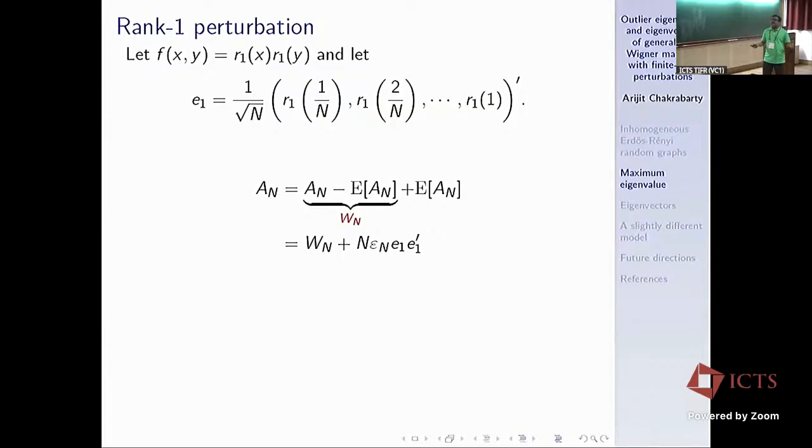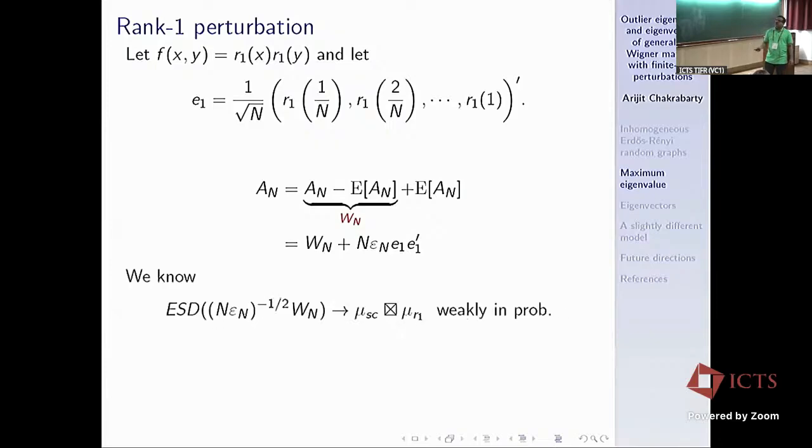By Wigner matrix, I mean a symmetric matrix with upper triangular entries independent, zero mean. Again, I didn't talk about those results, but W_n scaled by square root of n times epsilon_n has a limiting spectral distribution.